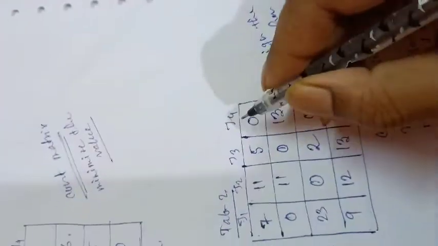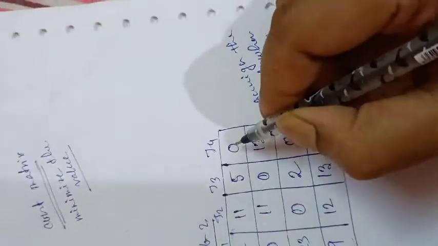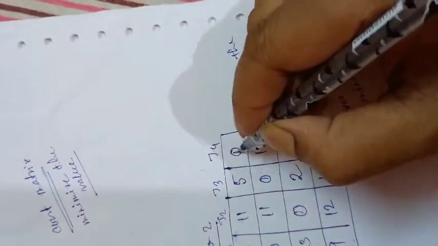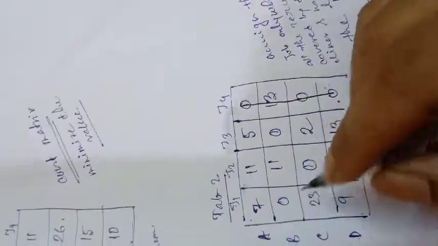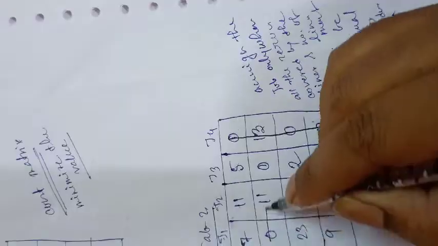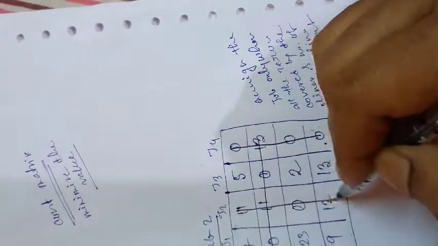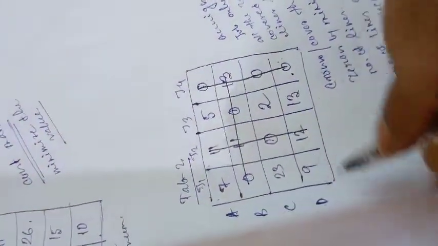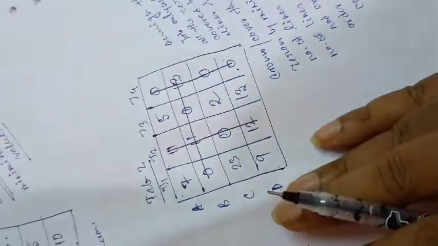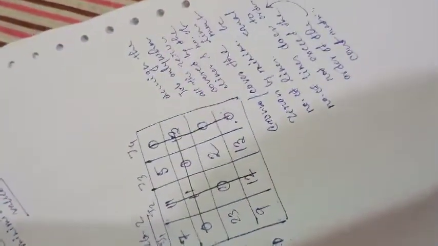So here, this column contains 3 zeros, so we draw a line like this. Here in this row it will be 0, and this one, so we can cover all the zeros like this. But see, that is not enough: here the number of lines is 3, so we cannot assign the jobs.